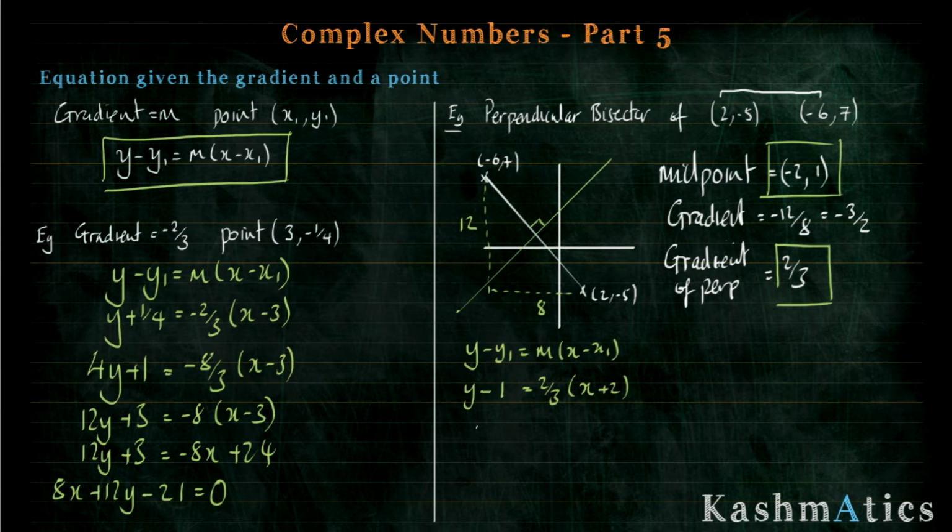I'm going to multiply everything by 3, so 3y take away 3 equals 2 times x plus 2. Expand the brackets, 3y minus 3 equals 2x plus 4, and now I'm going to rearrange things. I'm going to move everything to the right hand side, so 0 equals 2x minus 3y plus 7.